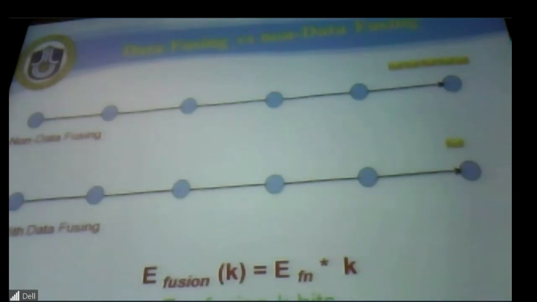In the second approach, every node will receive the packet from the previous node, fuse it with its own data and deliver 1 packet only. So this causes more energy consumption in the processing unit, but lower energy consumption in the transmitting unit.